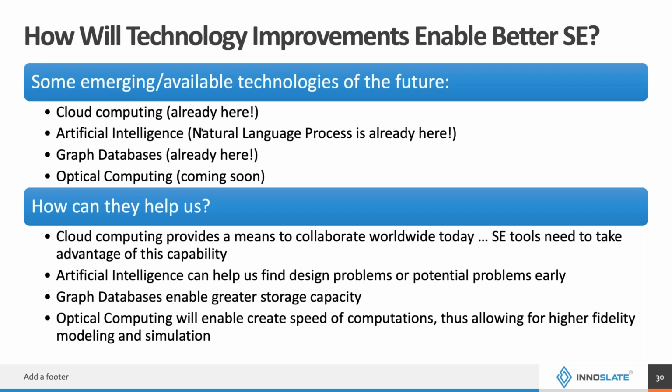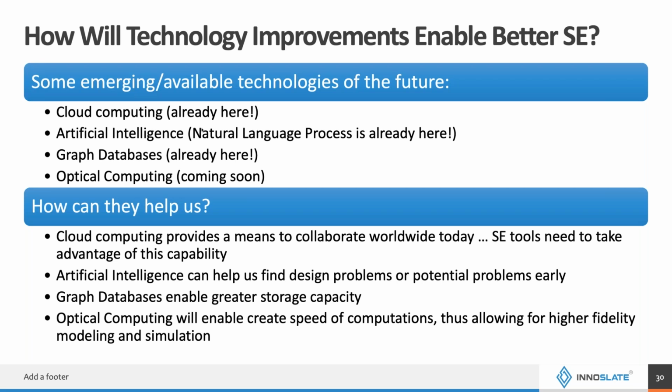And so my developers are going, well, maybe not quite yet. We'll do it soon. And then of course, we're all looking forward to optical computing. We will have to re-architect again for that, I'm sure. But that's okay. That's part of what we're supposed to be doing to keep the tools moving forward in this century. So how can they help us?